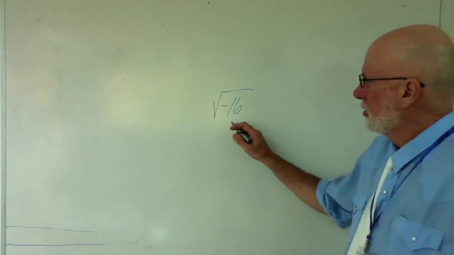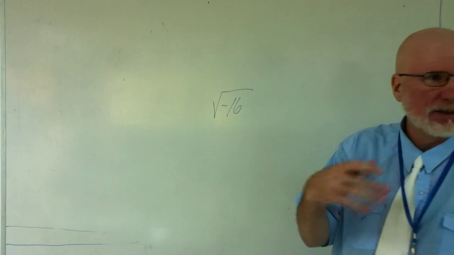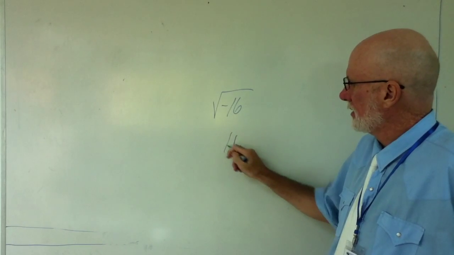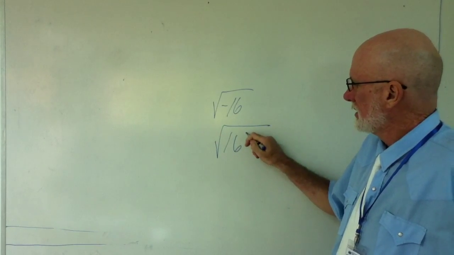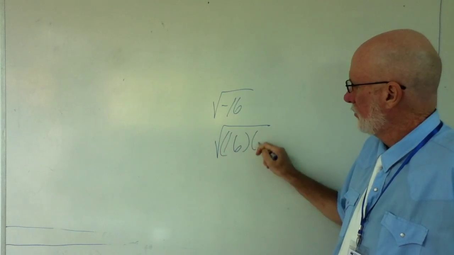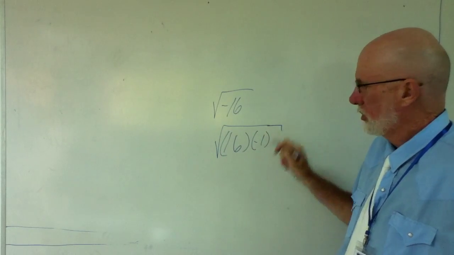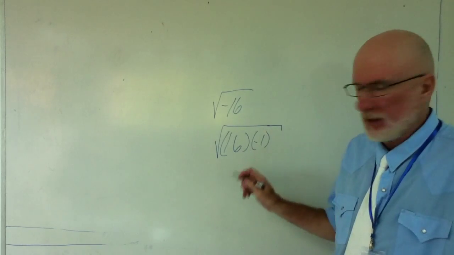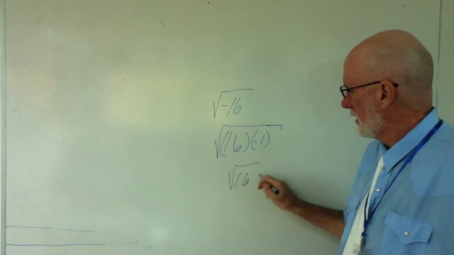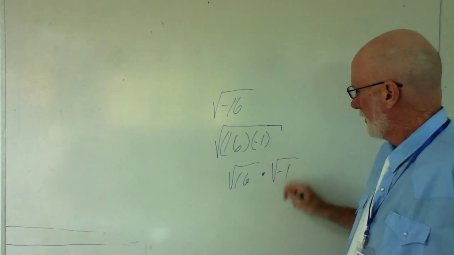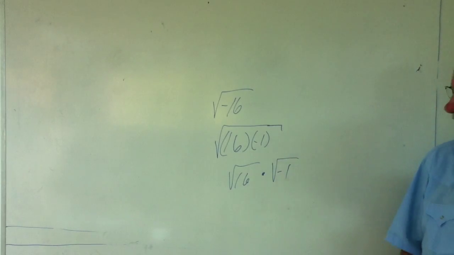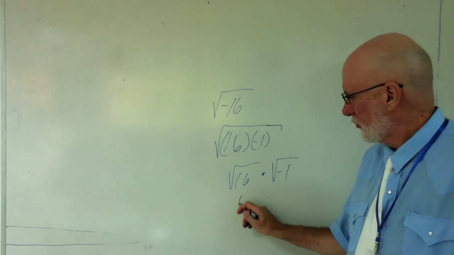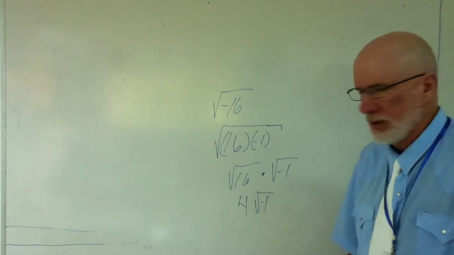Do you agree, based on the laws that govern radical expressions, that I can rewrite this as the square root of 16 times negative 1? Do you agree that I could write this as 4 root negative 1?